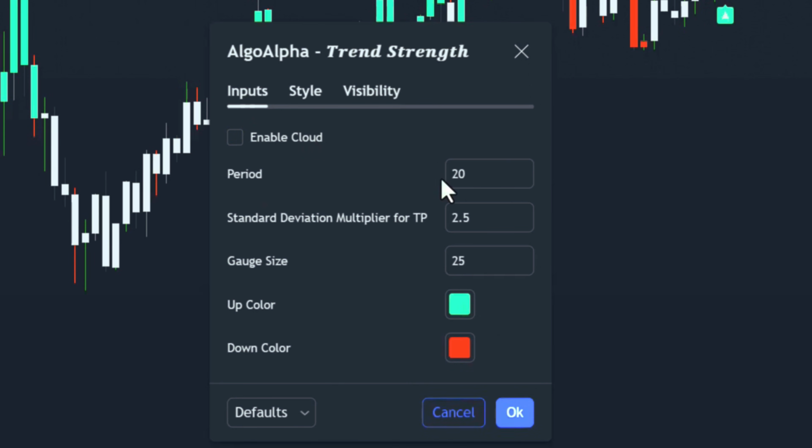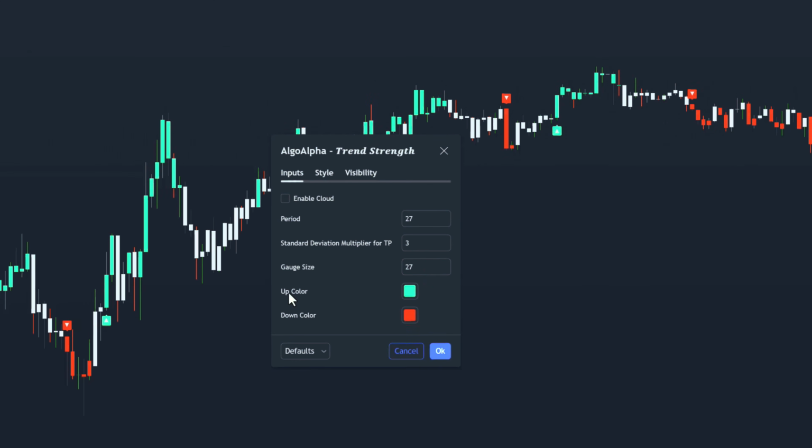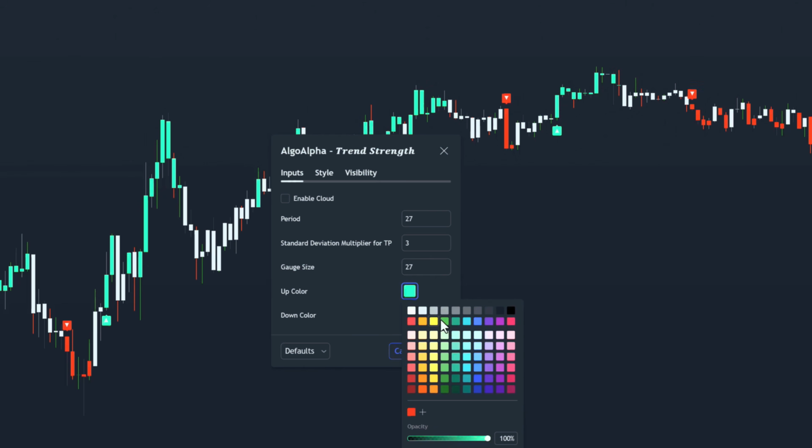Next, change the period from 20 to 27. And then change the standard deviation from 2.5 to 3. For gauge size, set to 27 too. Feel free to customize the up and down colors to your liking.